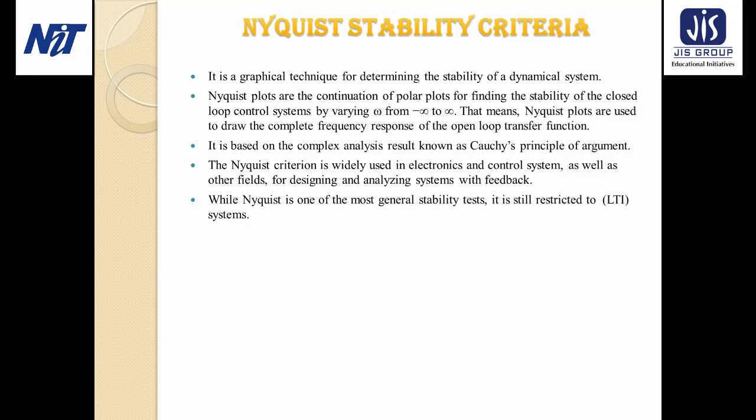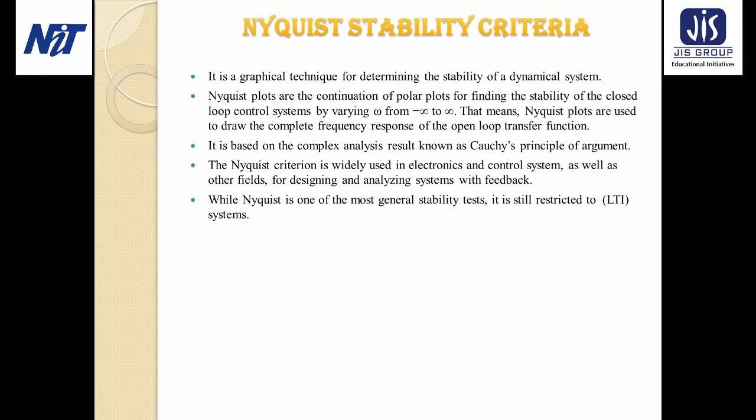So the Nyquist criteria is actually based on complex analysis, known as Cauchy's principle of argument, and it is widely used in electronics and control systems as well as in different fields for designing and analyzing systems with feedback.